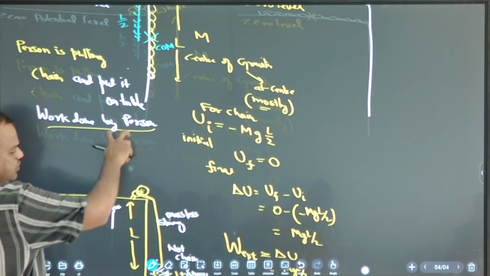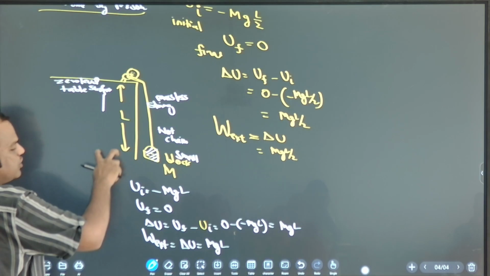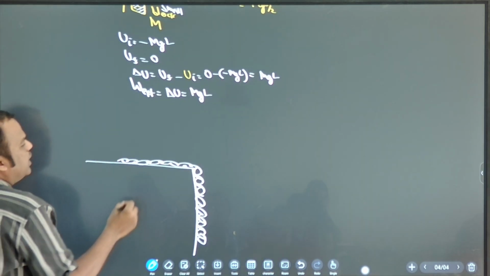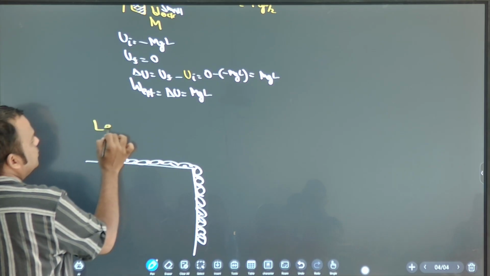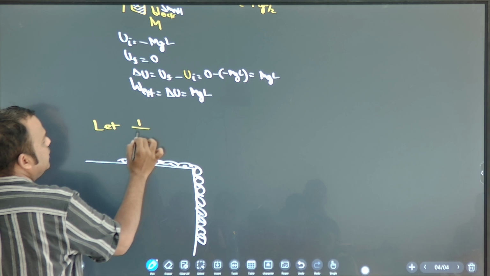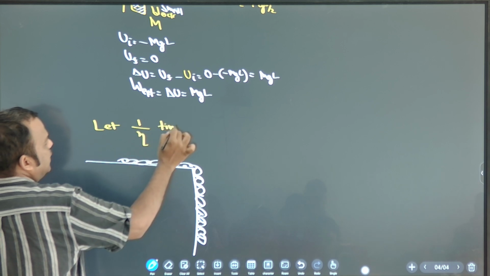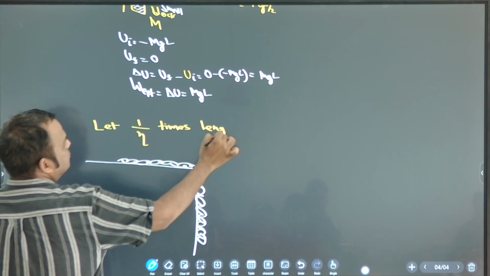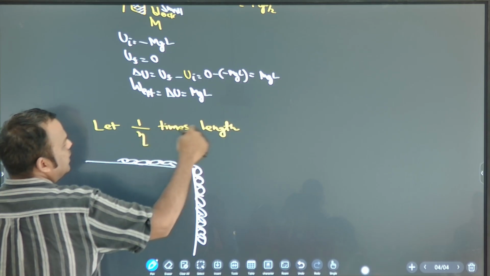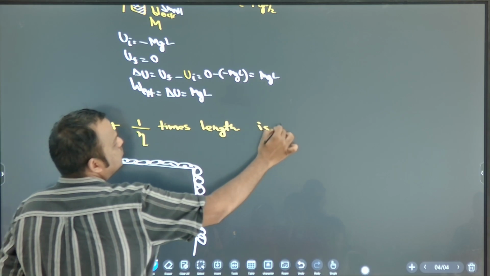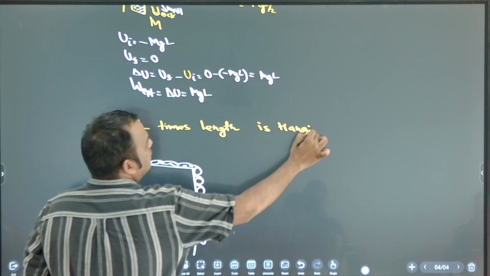But here, part of the chain. Okay. So let 1 by eta times the length is hanging.